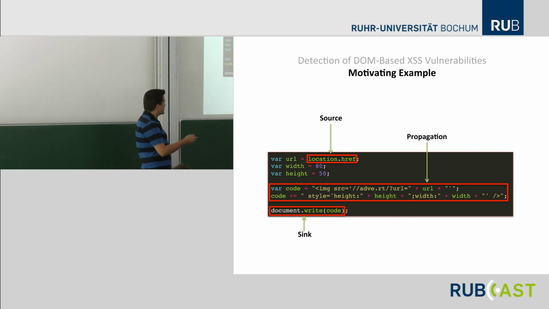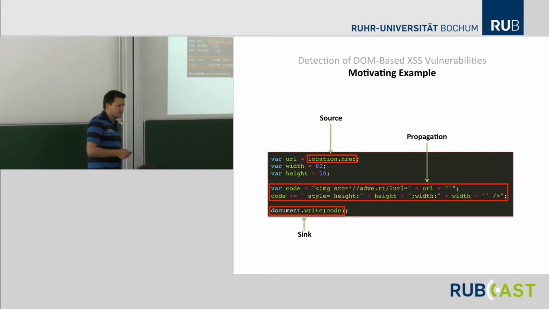Then, in the process of this cross-site scripting, we have some propagation of the data coming from this source. Here is a string concatenation. Internally, the browser would create a string, the string would go in here, and we would create a new string because of the concatenation.